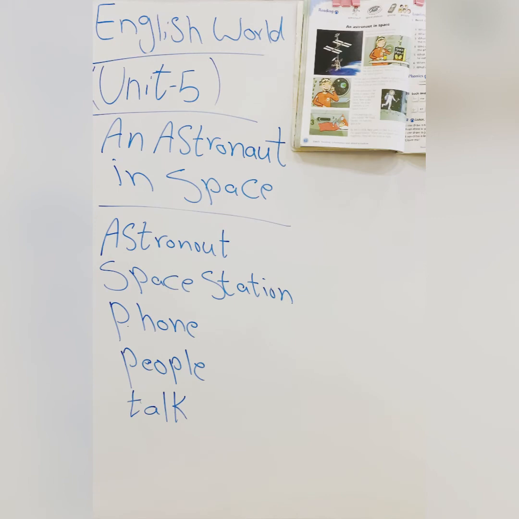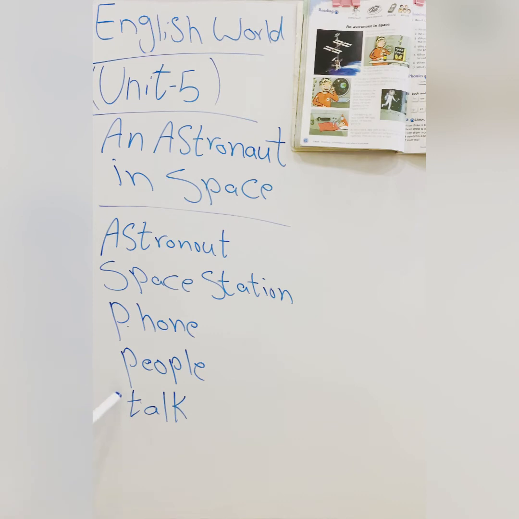Okay, those are the words you have to learn for this reading: astronaut, and space station, which is the station in space. It's the place where they live. We also have a phone and a computer, which they need to talk.